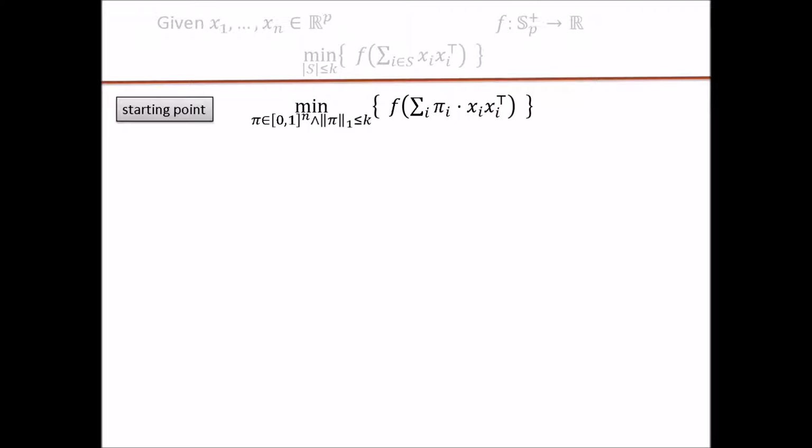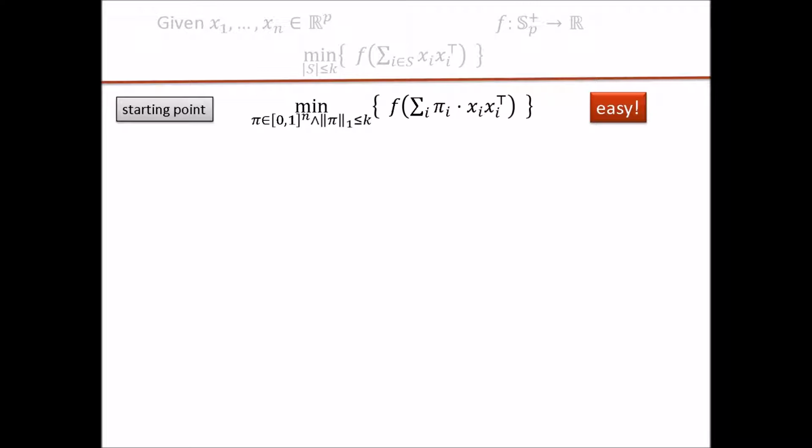Meaning that instead of choosing a set of cardinality k, you choose a real vector, where each coordinate is between 0 and 1, and the total L1 norm is at most k. This problem turns out to be easily solvable because I have assumed f is convex. You can just use convex optimization. In theory, you can use the ellipsoid method to conclude that it's polynomial time solvable. In practice, one can use mirror descent, which turns out to be a very practical algorithm.